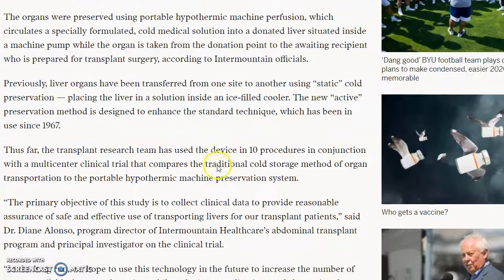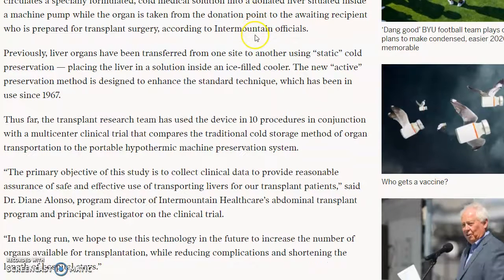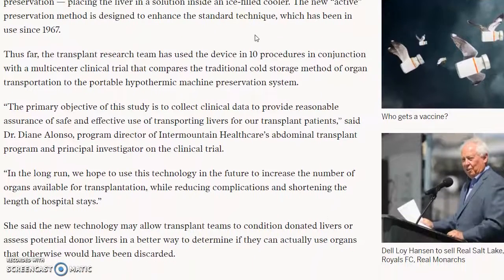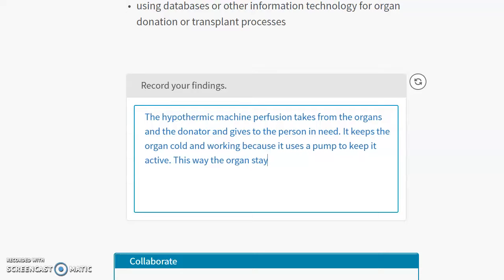Right, and then it's just a cold solution that has a pump as well. So it keeps the organ cold and working because it uses a pump to keep it active. This way the organ stays alive and strong while it is being transported.